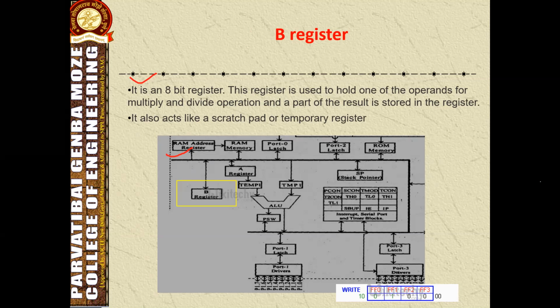But for some operations, for example multiplication and division, there are several results. If we are doing a division operation, the remainder may not be zero. Hence we get two answers, so register B helps in putting the second answer. The address of register B is F0H. It is also a bit addressable register.